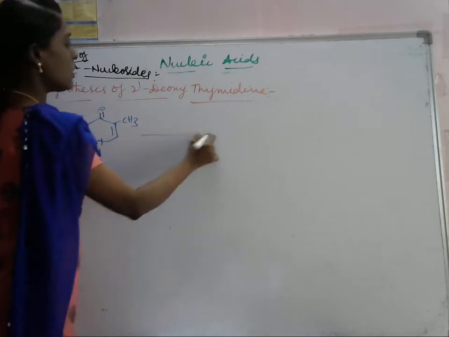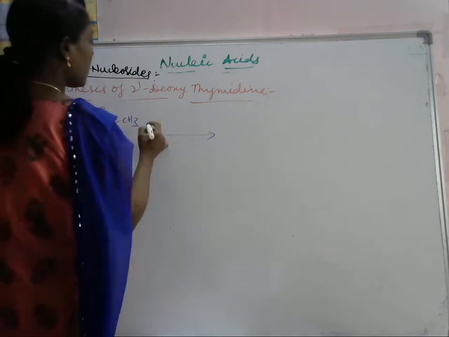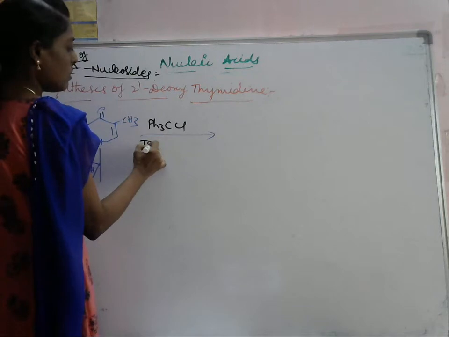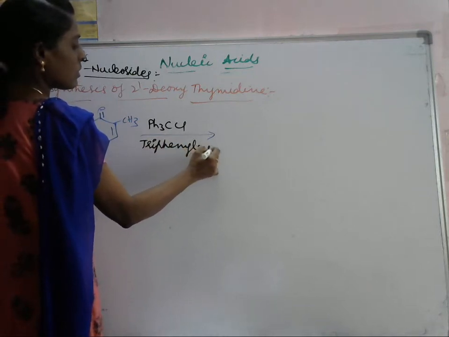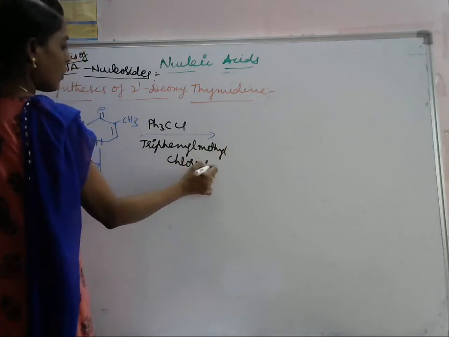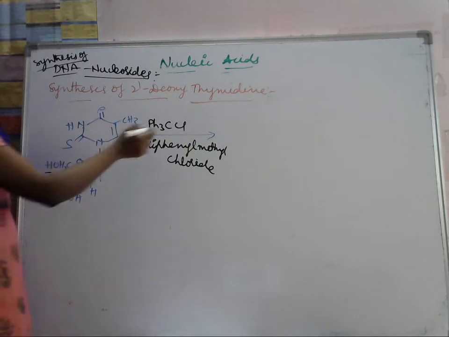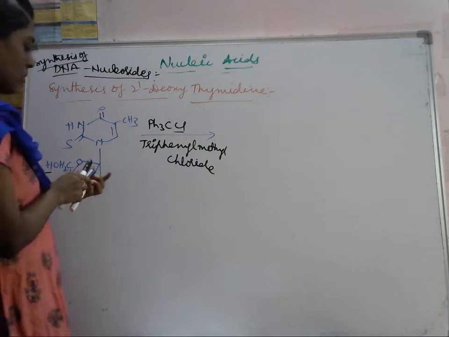Okay, so if it is treated with triphenyl methyl chloride, what will happen here? So here this H will be removed and this Cl will be removed, and we have to protect this one first.